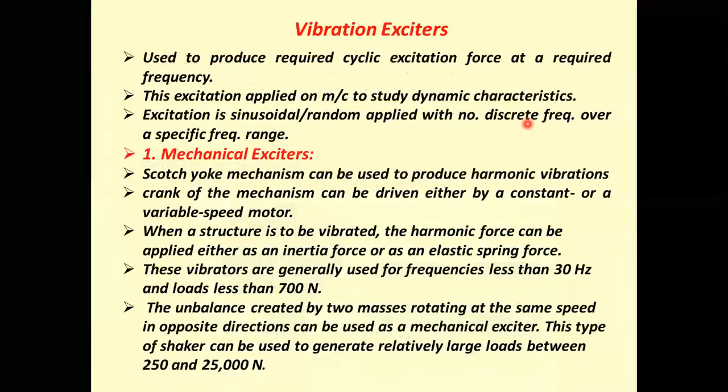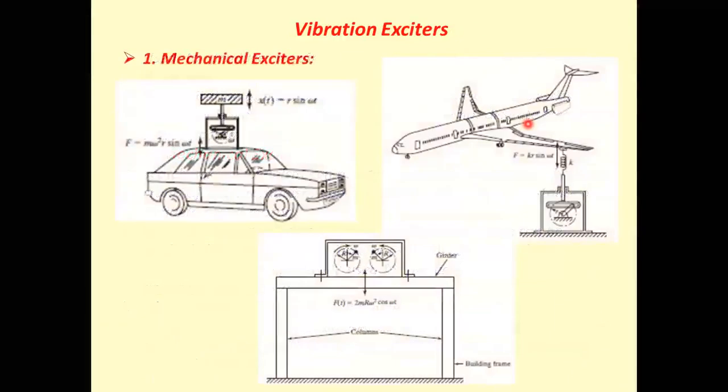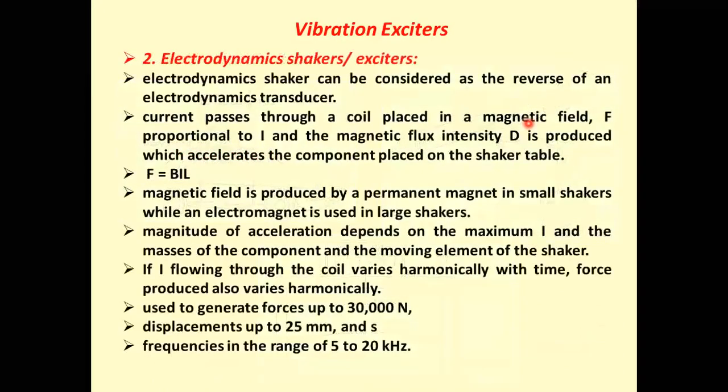There are two basic types of exciters. The first is the mechanical exciter, in which two mechanisms can be used: one is the Scotch yoke mechanism and the other is unbalance of two rotating masses. And we have seen the electrodynamic exciter or shaker.